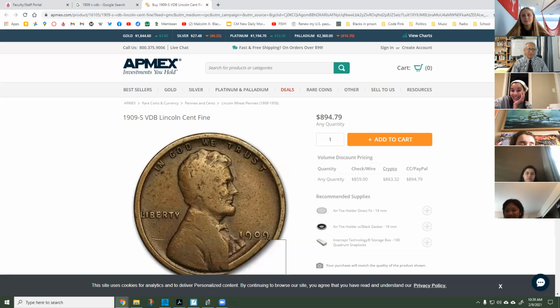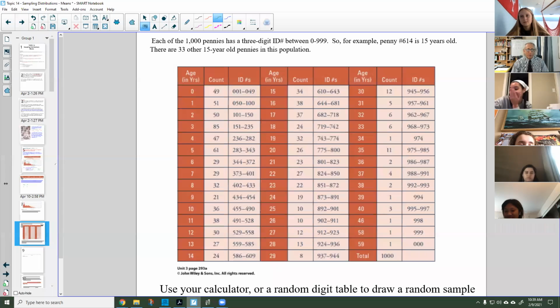So this example always kind of reminds me of the Stanley Klein story. All right, so 1,000 pennies. What they did was they cataloged every single one of these pennies by how old it was. So here's the table, and the table is broken into three columns. I'll draw the columns so you can see them a little better.